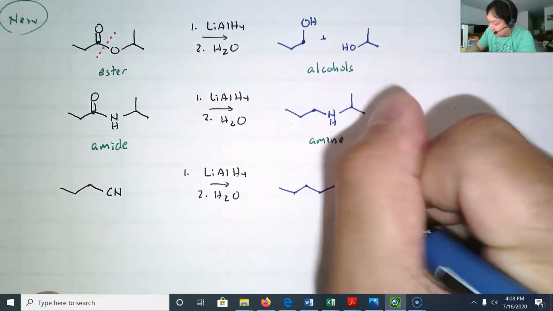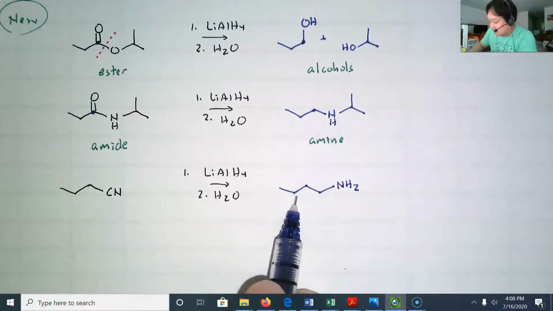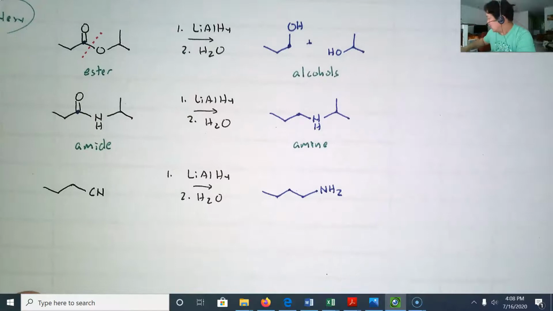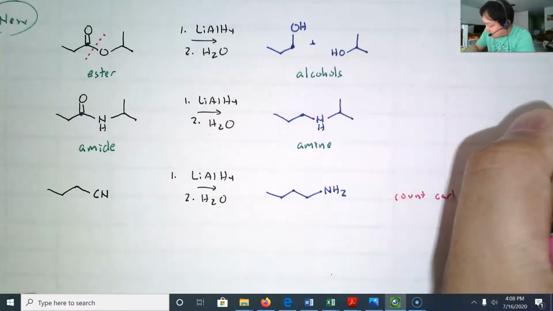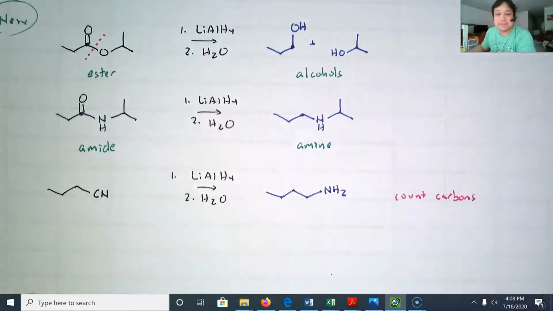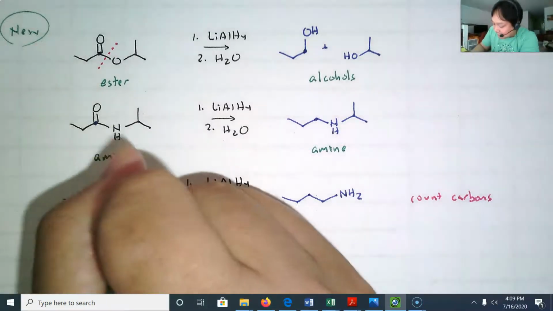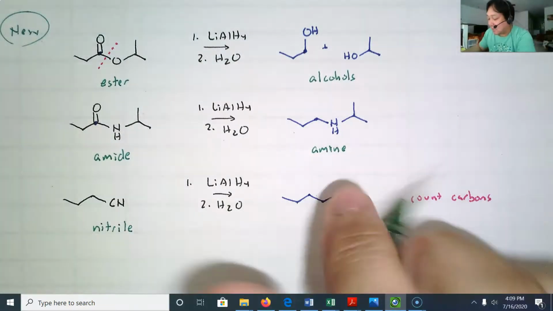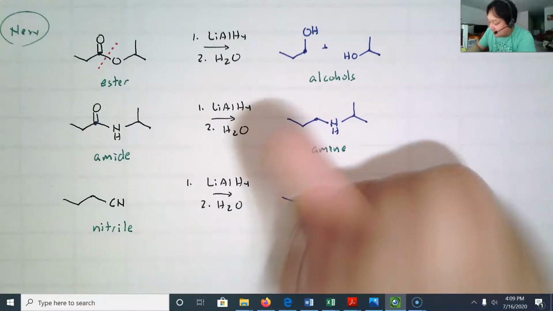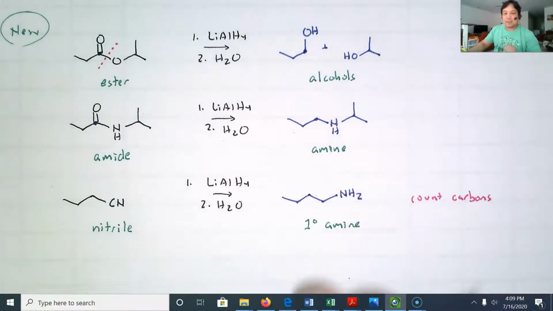Why am I hesitating? I'm counting the carbons. 1, 2, 3, 4 carbons. 1, 2, 3, 4 carbons. Careful. Count carbons. You're not going to lose or gain any carbons in this reaction. Verbalize. Nitrile is reduced by LiAlH4 to what? An amine. More specifically, it's always going to be a primary amine. Okay?